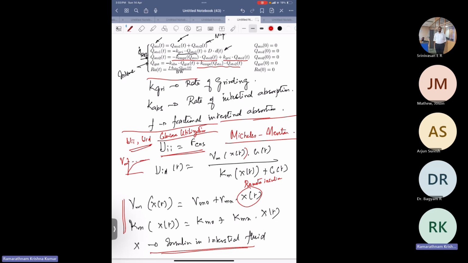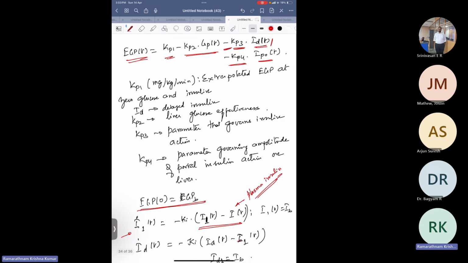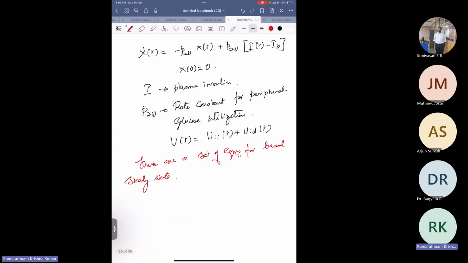All these dot equations are called evolution equations. So how is the interstitial insulin varying? Same thing. Understood one, you understood everything.